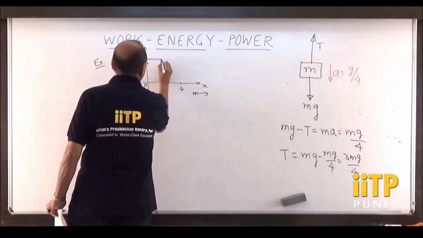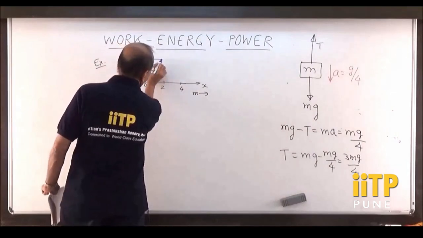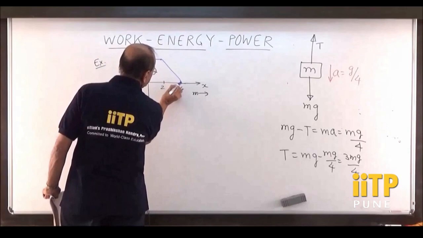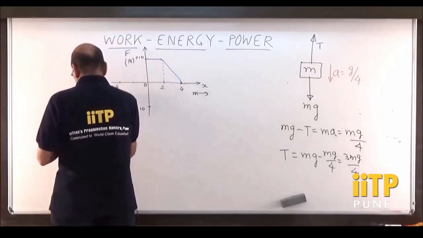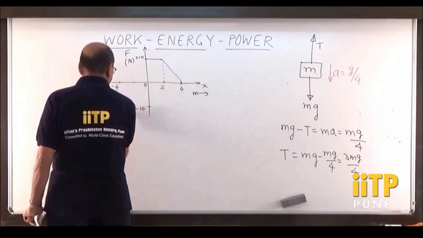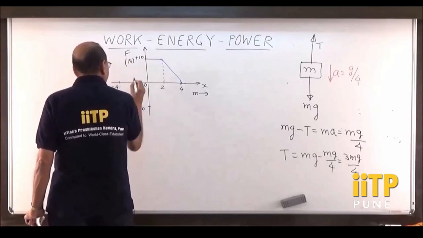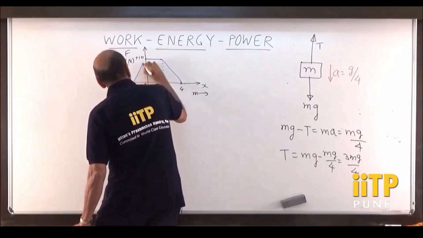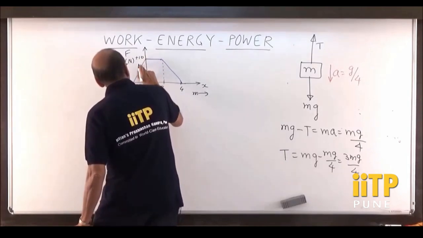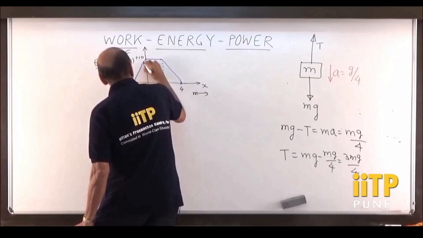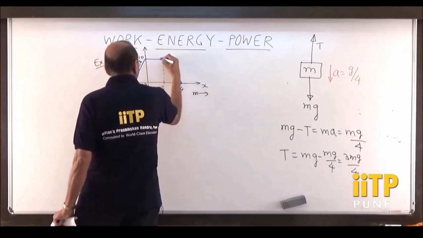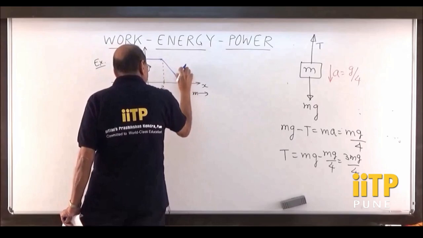Constant in this part, then it becomes 0 up to 4. And here it goes from minus 10 to plus 10. So the graph starts like this, goes here, and then again goes down.